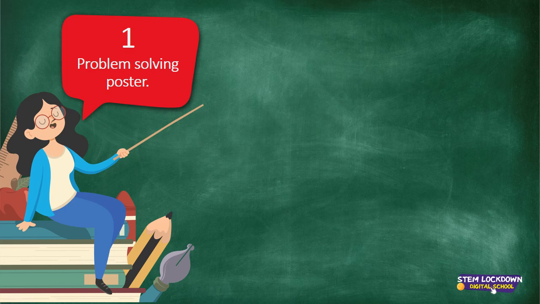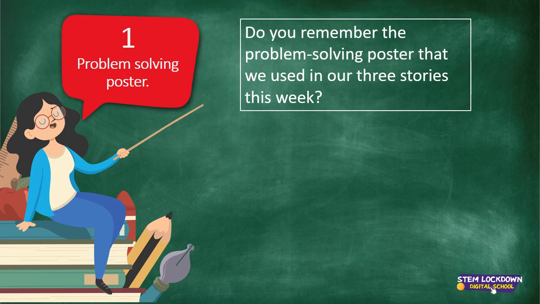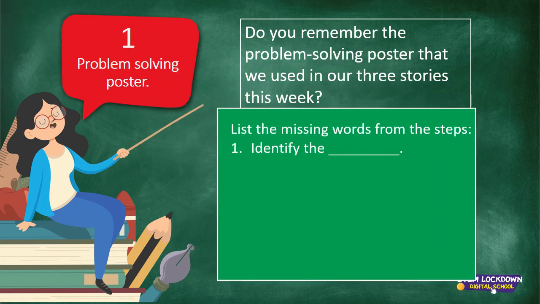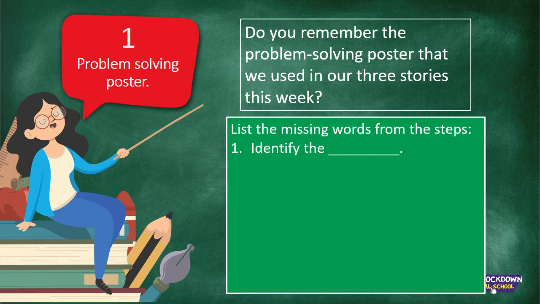Here is our first revision activity. You remember our problem-solving poster that our stories used earlier this week? In fact, all 3 stories used this problem-solving poster. Let's see if you can remember some of the steps. Fill in the missing words from here.